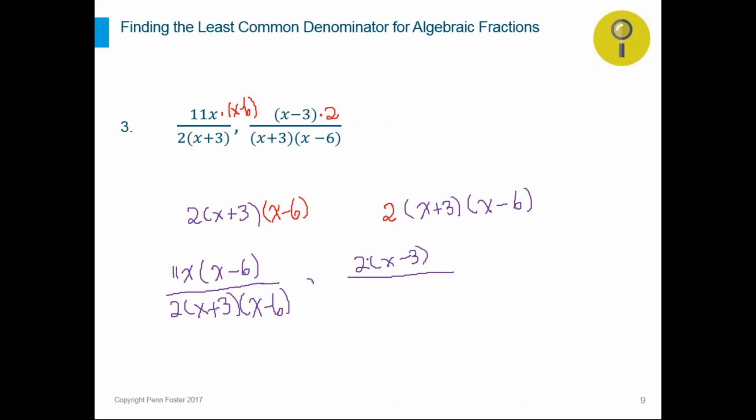And remember, 2 times x minus 3 does not mean 2 times x and then minus 3. It means that 2 has to be multiplied times x and times negative 3. The same thing here, 11x times x and 11x times negative 6. And the new denominator is 2 times x plus 3 times x minus 6.